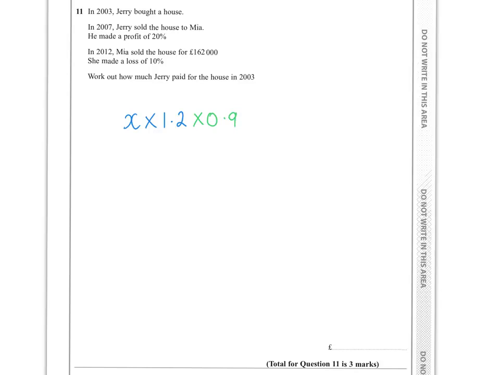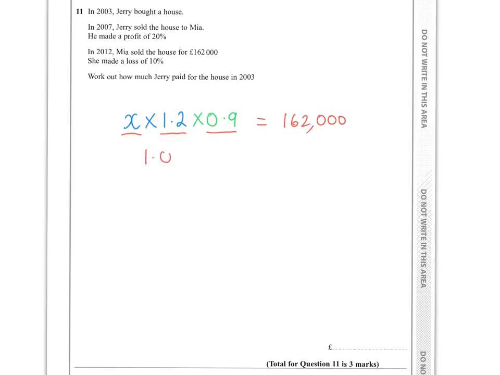So just to recap, this was the price that we want for the house that Jerry bought. He made his 20% profit. Mia made her 10% loss. But it tells you in the question that the house was sold for 162,000. So we can put that equal to 162,000. So on the calculator, I'm just going to do 1.2 times 0.9.